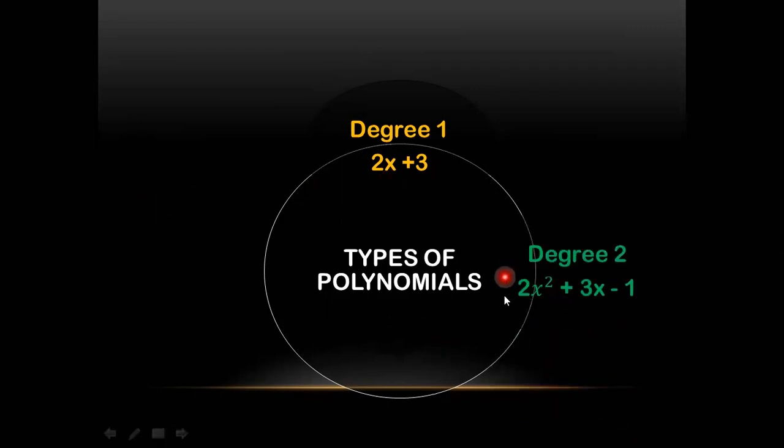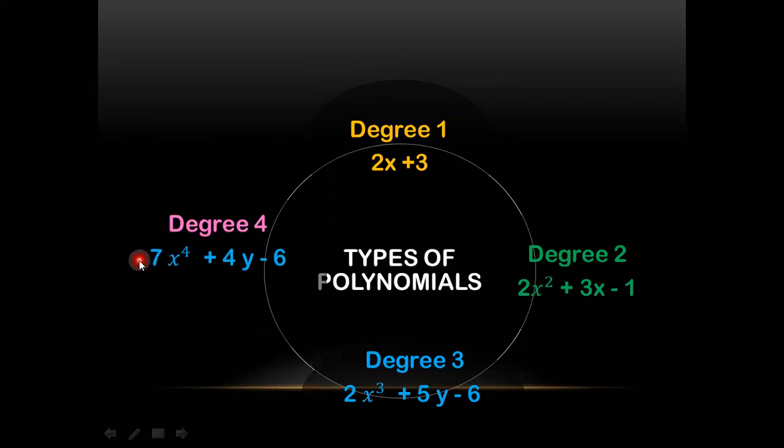And here we have another polynomial, 2x square plus 3x minus 1, and here the exponent is 2, so it is a second type of the polynomial. This was the first type, this is the second type. Now look at the third example, 2x cube plus 5y minus 6. Here the degree is 3. And look at the fourth example, 7x4 plus 4y minus 6. This is a fourth type of the polynomial with the degree 4.